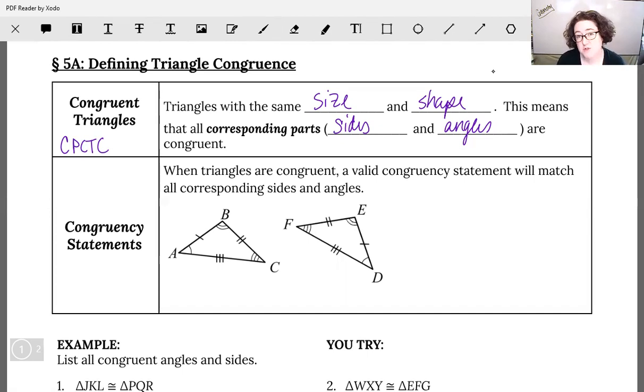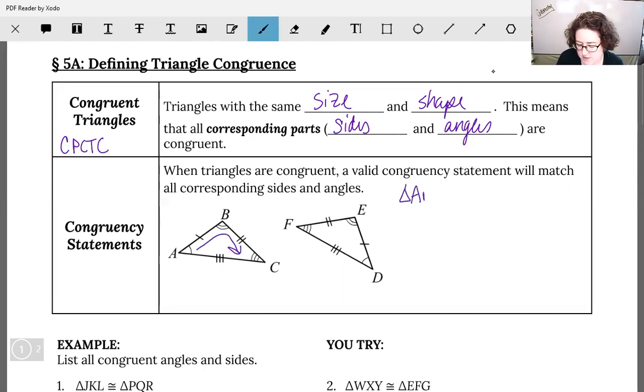So if I look at my first triangle, triangle ABC, and you'll notice I have some sides marked congruent to the other triangle. I have angles marked congruent to the triangle. And it's important to look at what order these go through and how I use those to create my name. So on my first triangle, I'm going to go ahead and call this triangle ABC.